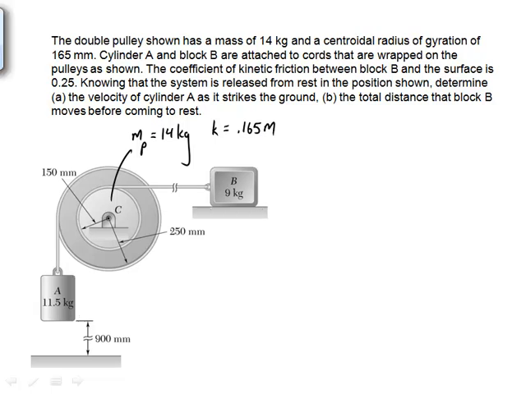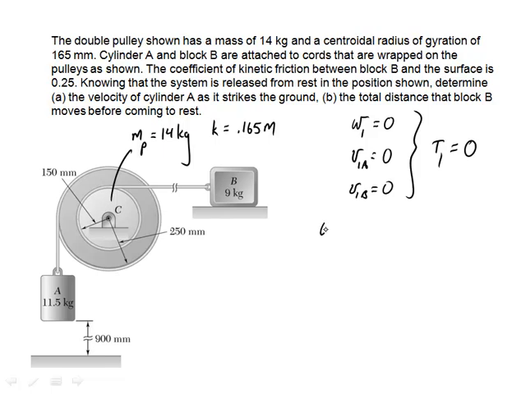Okay, the system is released from rest. And so if it's released from rest, then omega 1 is equal to 0, V sub 1a is equal to 0, and V sub 1b is equal to 0. So the total kinetic energy in the beginning, T1, will be equal to 0. But block A is going to fall, and so gravity is going to be doing work on block A. And so the work due to gravity is just equal to m sub a g times delta y.